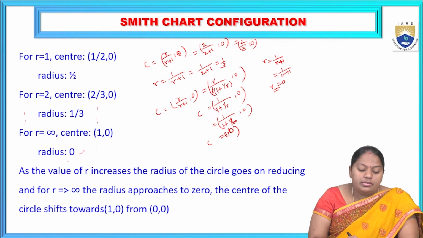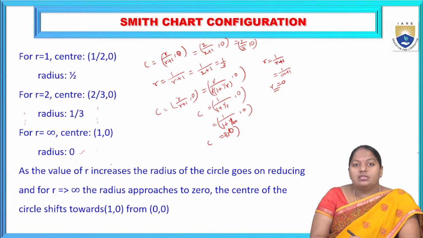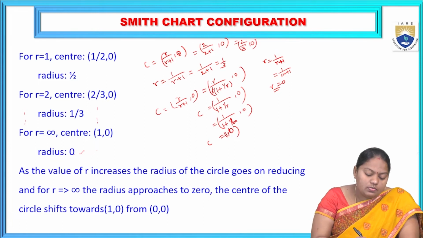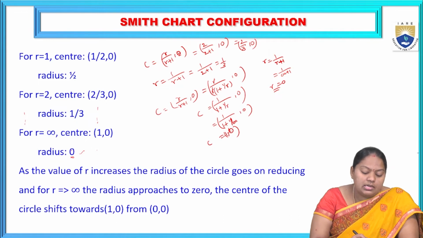With all these values, we are going to draw constant resistance circles, right? As the value of r increases, the radius of the circle goes on reducing, and for r tends to infinity, the radius approaches 0. See, if you observe, initially r is equal to 0 and the center is at 0; if you keep on increasing the r values, then the radius is going to reduce, right?